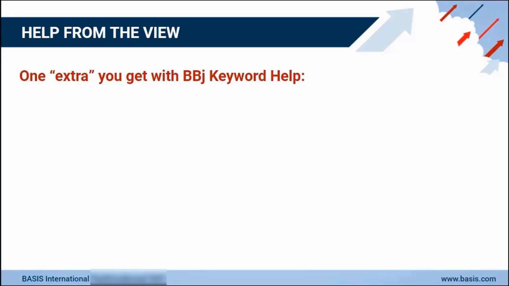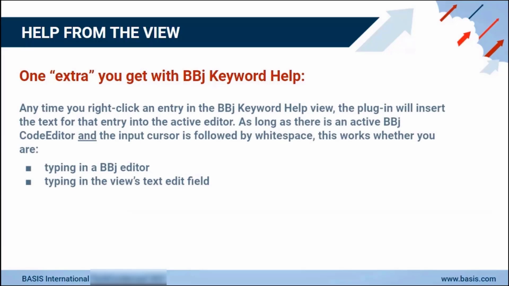There is one extra that you get when working from the BBJ Keyword Help view, and that is at any time that you have a list of entries being shown in the BBJ Keyword Help view, no matter where that list came from, if you right-click one of the entries in that list, it will insert the text for that entry into the active editor.